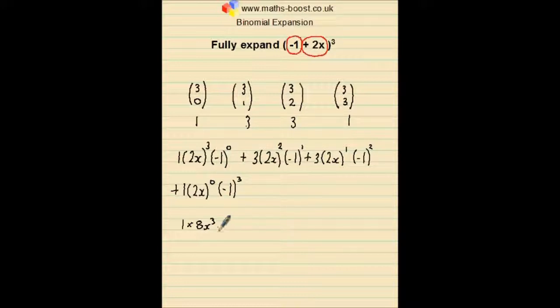And minus 1 to the 0 is 1. And having included this intermediate step, now I'll simplify the terms fully.